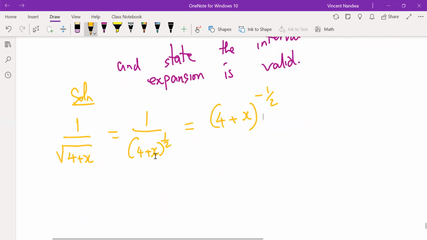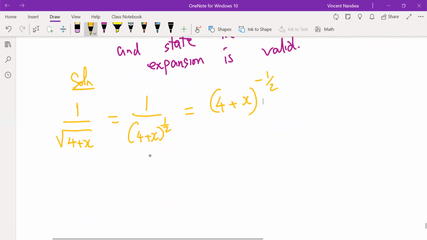Now, to use formula 1, we will have to ensure that the starting number in the binomial expression is 1. So this can be written as 4 into (1 plus x over 4) raised power negative a half.